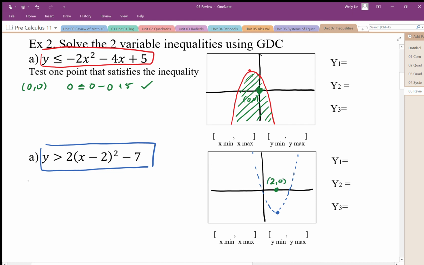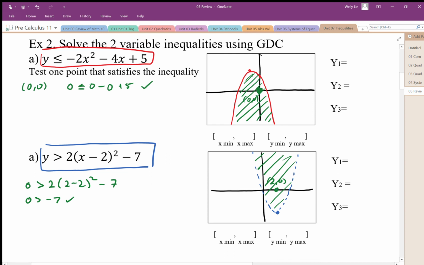Substituting that in, 0 is greater than 2 times 2 minus 2 squared minus 7. So 0 is greater than negative 7. That checks, so we can see that above does work as our solution region. And if I test some point below, none of those points will work.